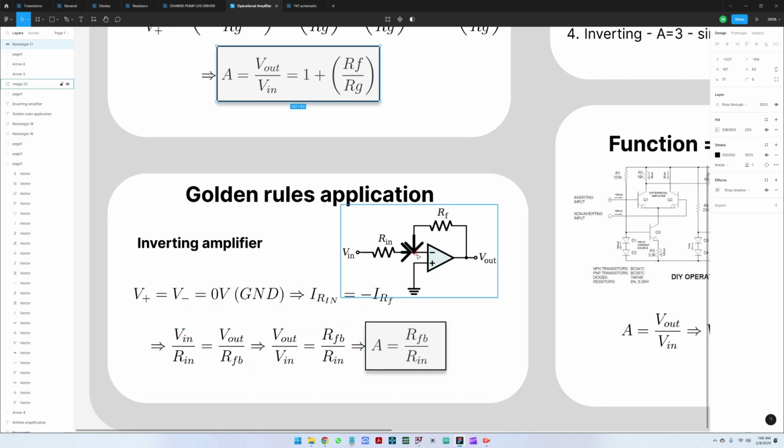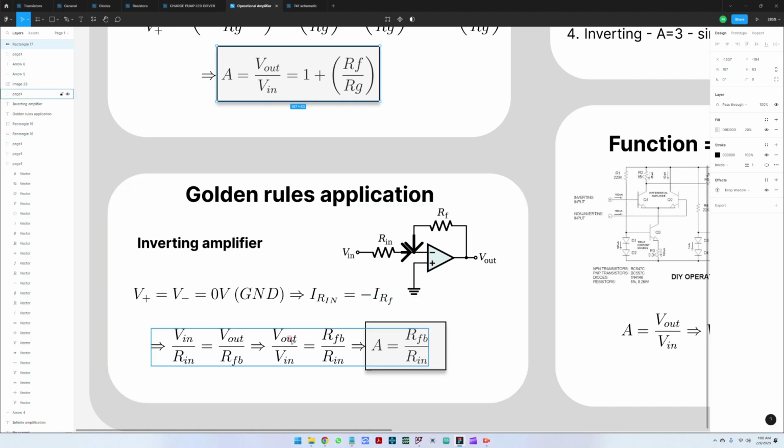So how do we calculate the current going through these two resistors? It's quite simple because we defined that the voltage level for minus and the voltage level for plus are equal. So this means that everything is connected here to ground.